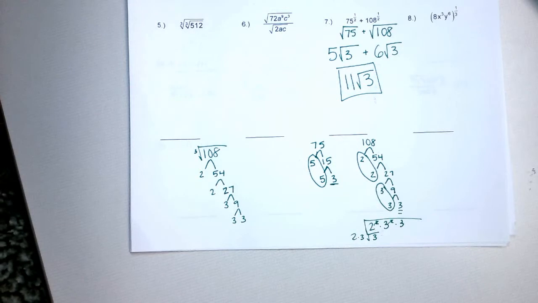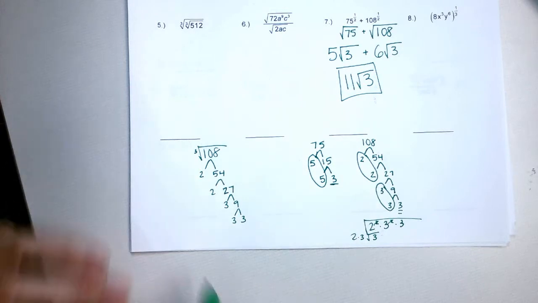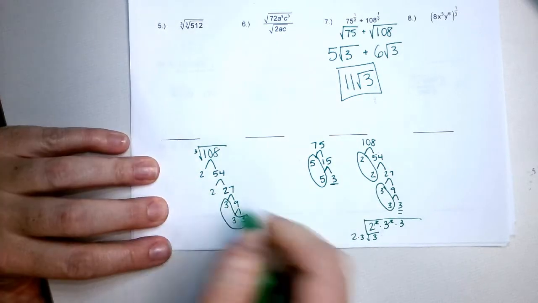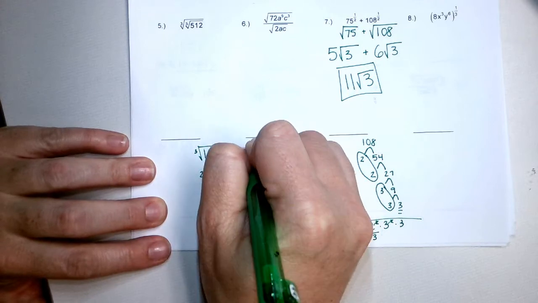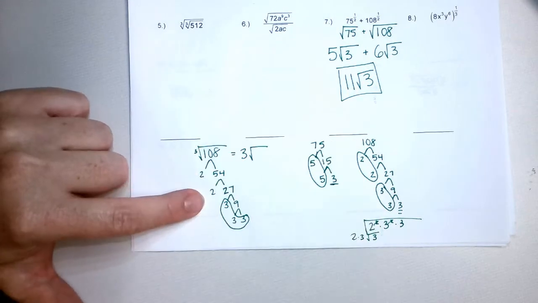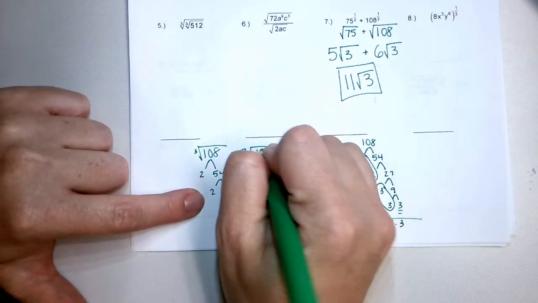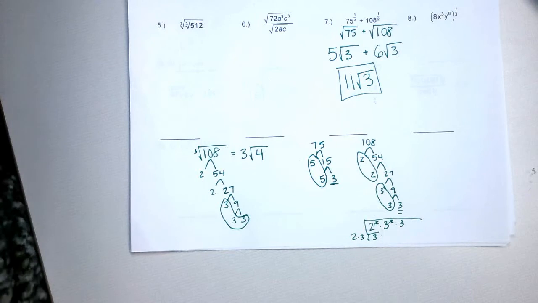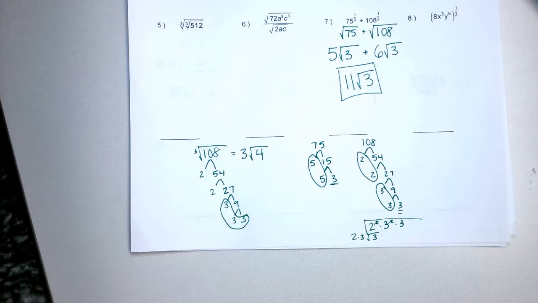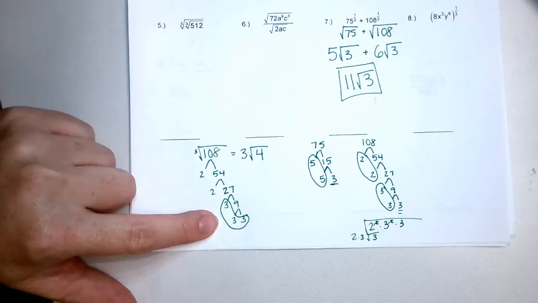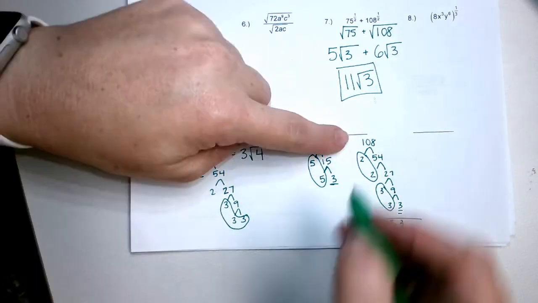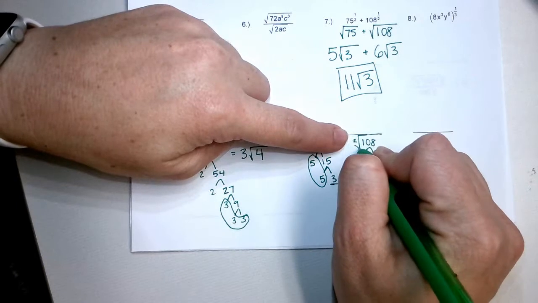So a cube root, do I have 3 3's? So I could take a 3 out, but could I take a 2 out? So what's 2 times 2? 4. So you can simplify any radical with any root, but that's just how many pairs. Does that make sense? Because it's cubed, you needed a group of 3. Because this was square root, which has a 2, you needed a pair of 2 to take it out.